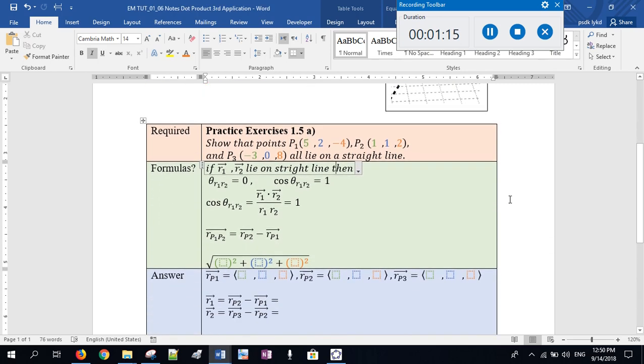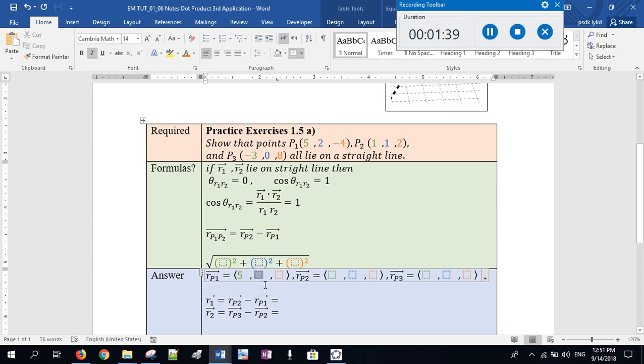We have 3 points, point 1, point 2, point 3. We have to determine R1, which is from point 1 to point 2, and R2, which is from point 2 to point 3. So first let's find the position vector of each one.